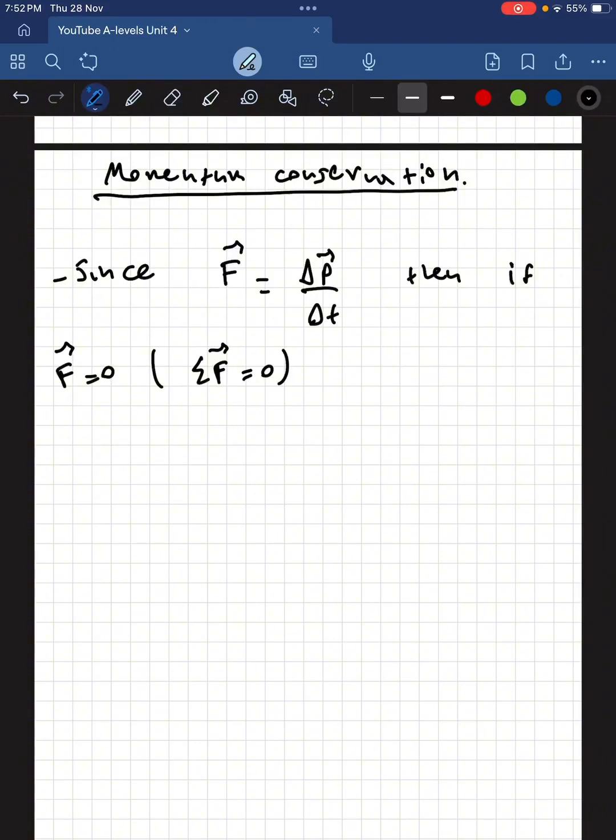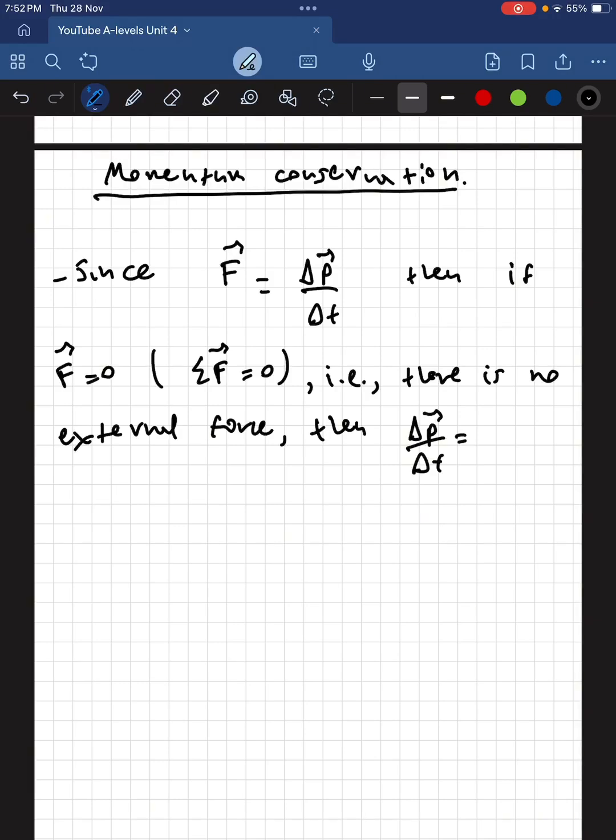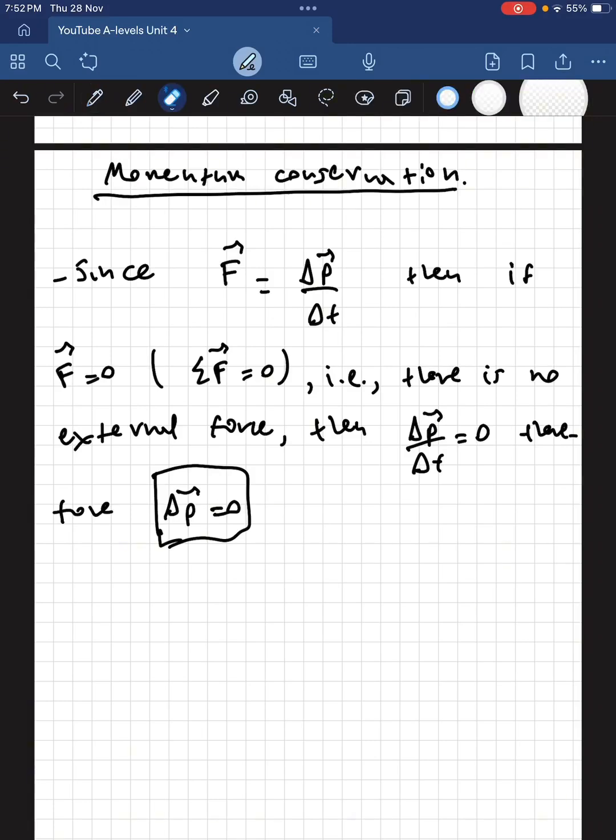I hope you guys are following. So if the sum of all forces acting on a body is 0, i.e. there is no external force, then delta P over delta T is 0, therefore delta P is 0, okay? And in going from here to here, we assume that delta T is not 0, okay?